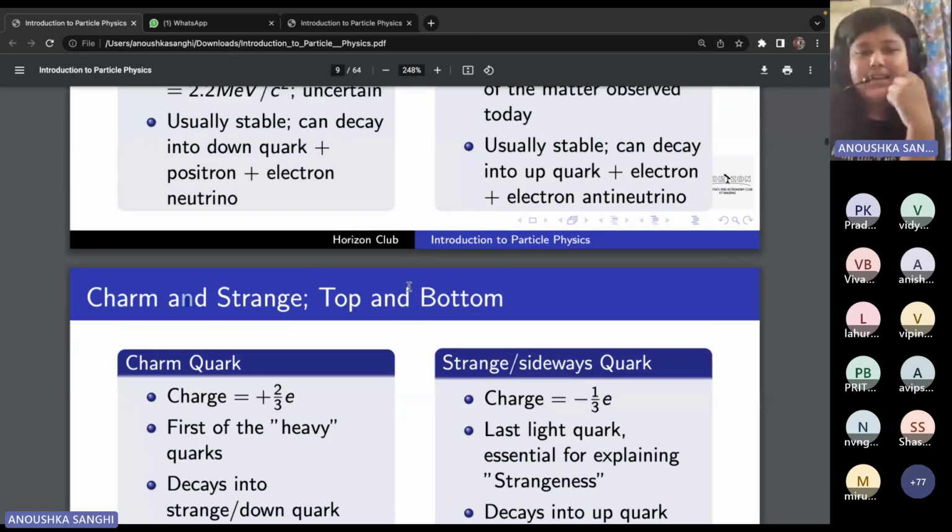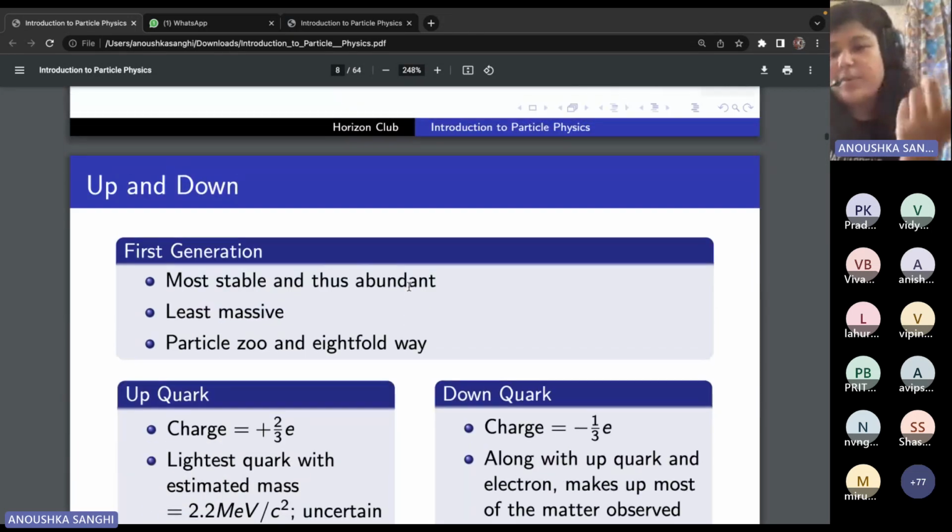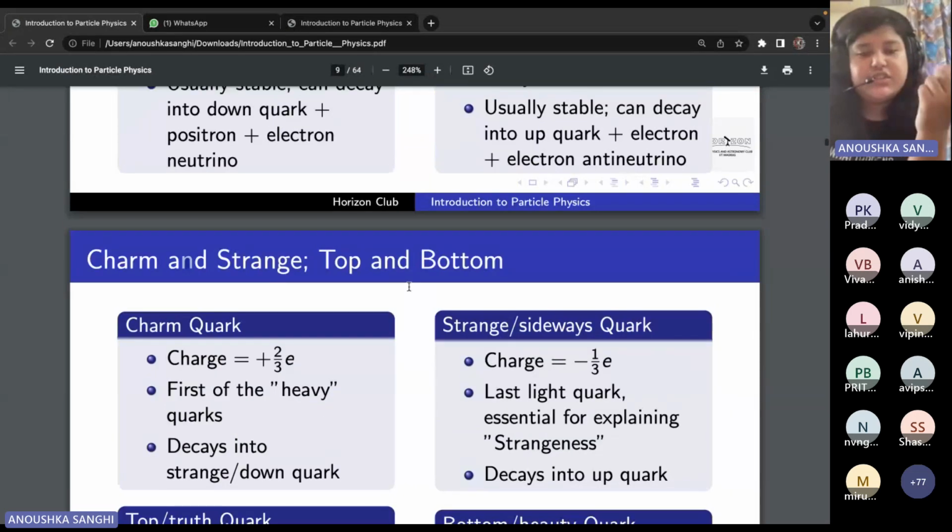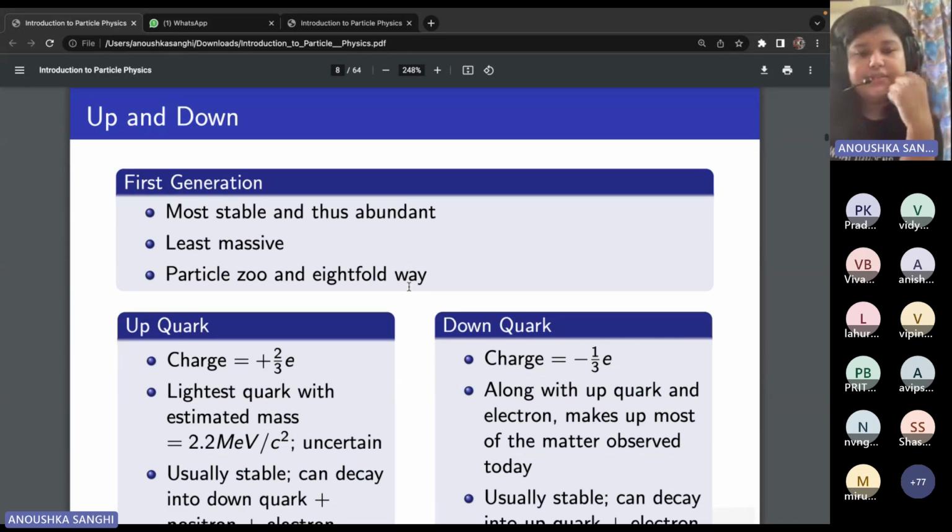I'll also be discussing the different properties of the up, down, charm, strange, top, and bottom quarks. But before that, we should know that up and down quarks are found in nature. That is why, just remember this point, in protons and neutrons we see up and down quarks. These are the valence quarks of protons and neutrons.